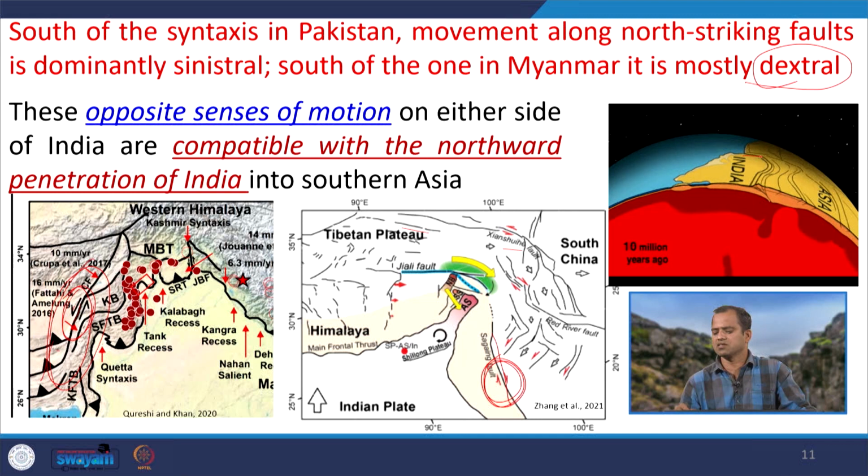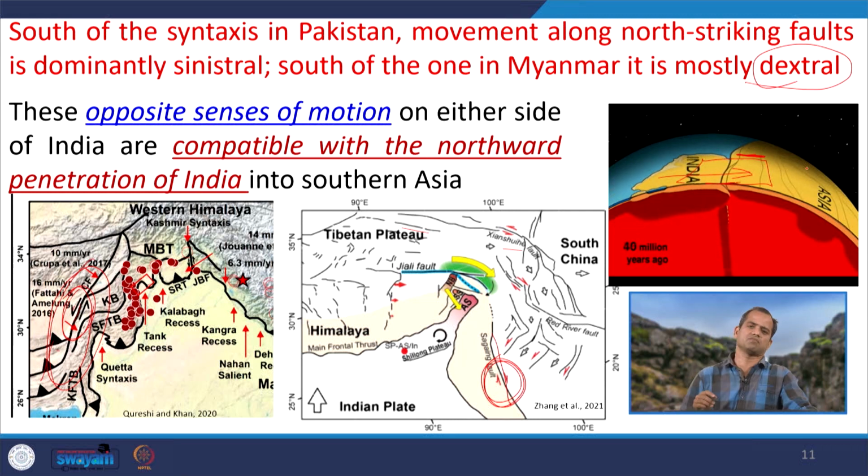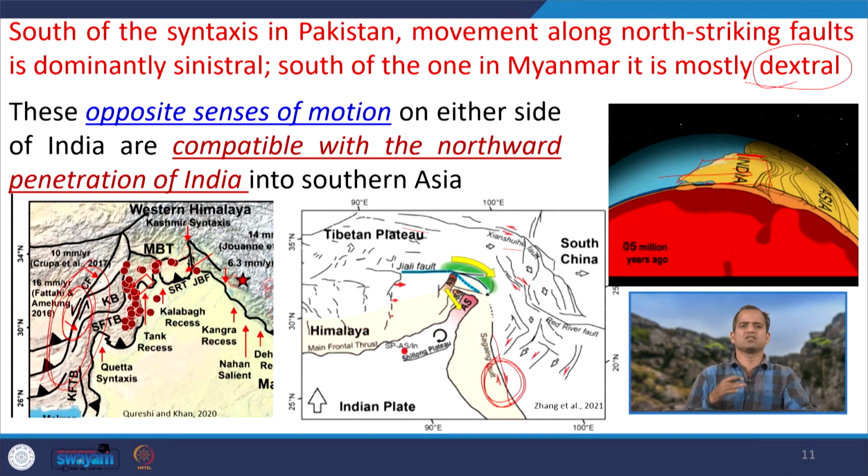Here is the strike slip motion at the western syntaxis, and on this side the eastern syntaxis. These two strike slip motions isolate the Indian subcontinent as it penetrates into the Eurasian system. So, Himalayan tectonics can be well explained by the combination of all these strike slip motions and their senses of displacement.